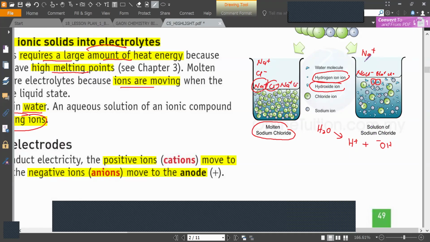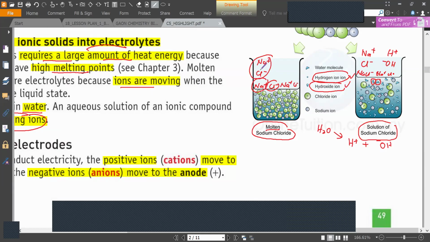So here we have sodium ion, chloride ion, and then we also have the ions coming from the water, hydrogen ion and hydroxide ion. We can see the difference here. Molten is only sodium and chloride ions.